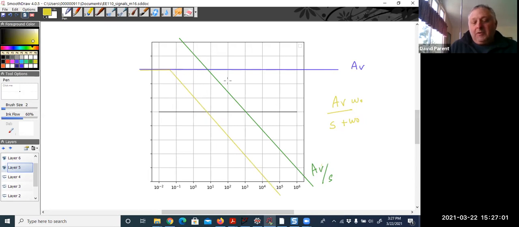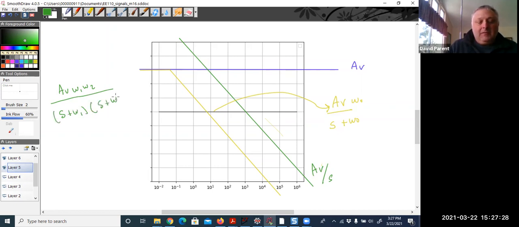Now this could overlap this perfectly, but it doesn't have to, right? And then there's another one we deal with. We have our open loop gain, and I'm just going to put in 2 omegas there. And it's a second order. All right.